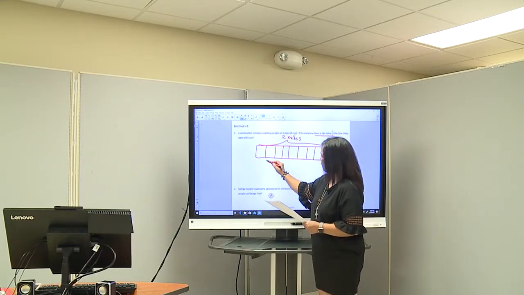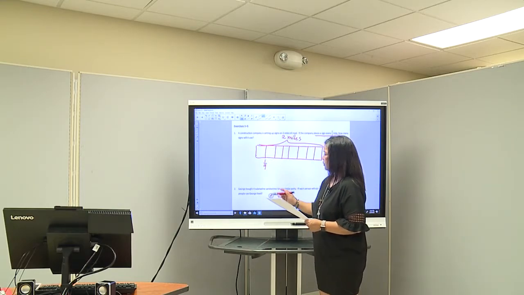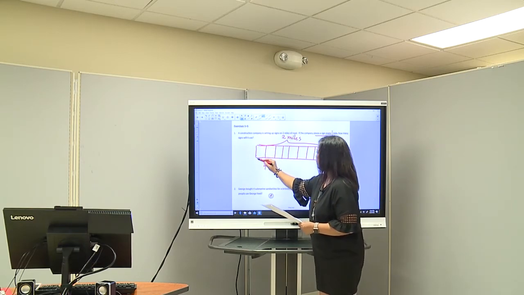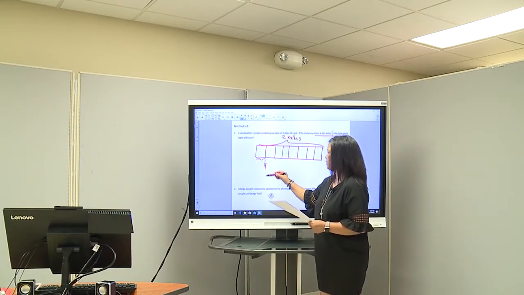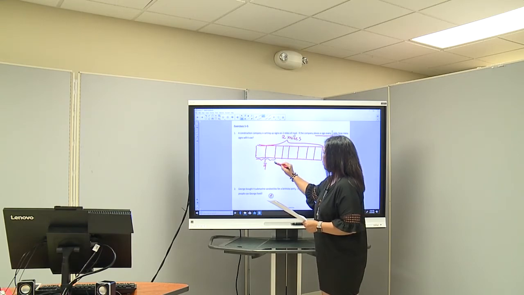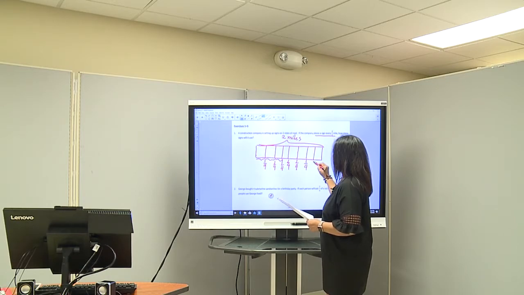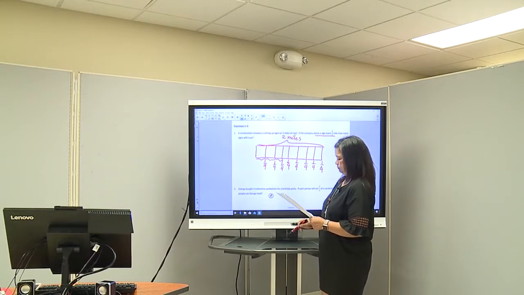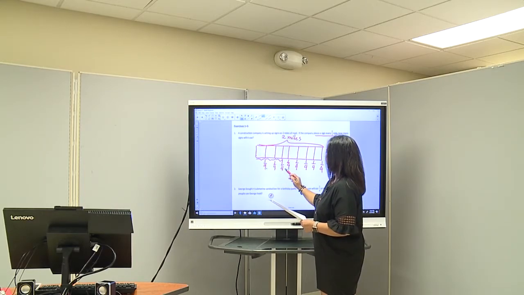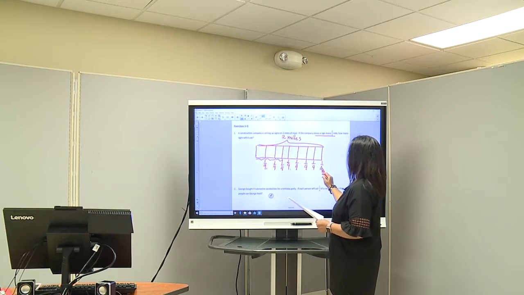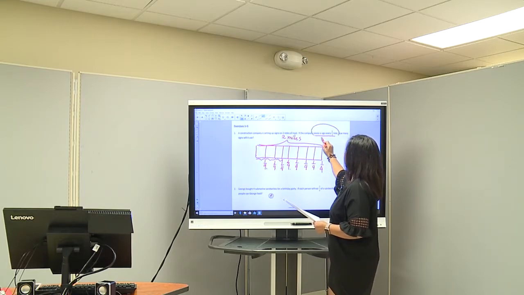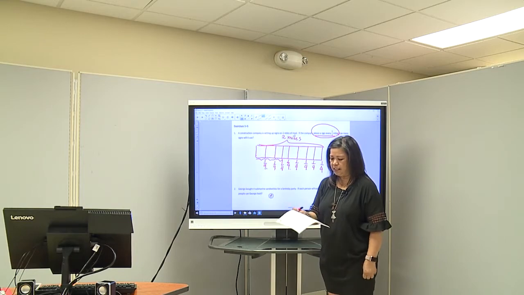So you count. Here's your first sign. From here to here, they put their first sign, and then another 1/4, there, another sign, another sign, another sign here, every 1/4 mile up to 2 miles. All right. So 1, 2, 3, 4, 5, 6, 7, 8. 8 signs.